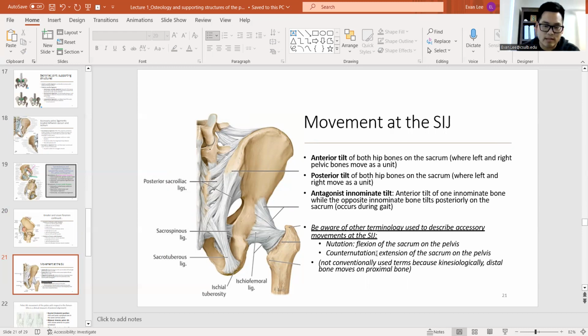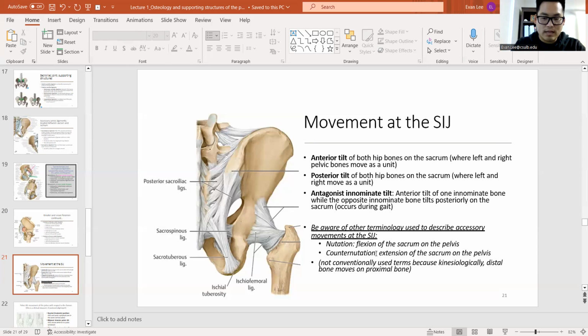So anterior and posterior tilt, relatively clear, but antagonistic innominate tilt means that when the coxal bones tilt differently, depending on the side, that's going to be antagonistic innominate tilt. So that word innominate, remember, kind of refers to the coxal bones because their names are a little bit odd.